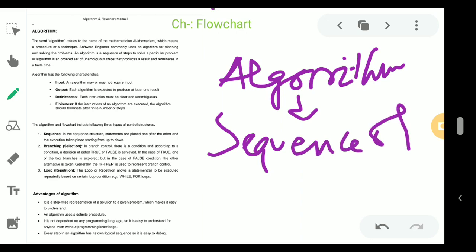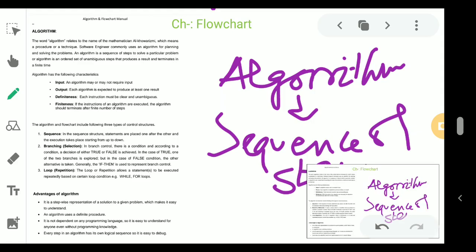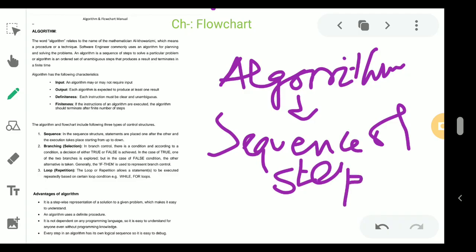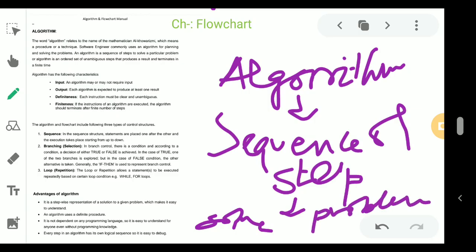It is a sequence of steps we follow to solve the problem, or you can say that it is an ordered set of unambiguous steps that produce the result and terminate in a finite number of steps. Okay, so this is the expression.